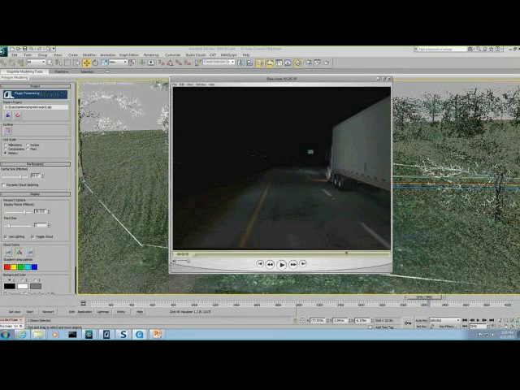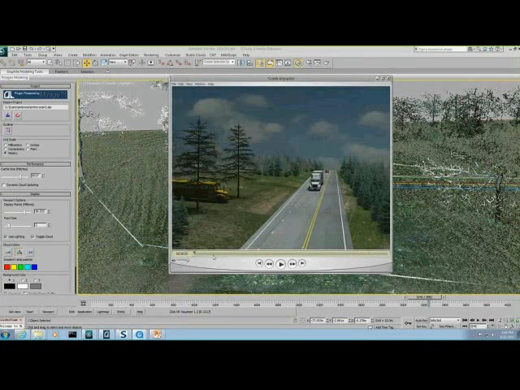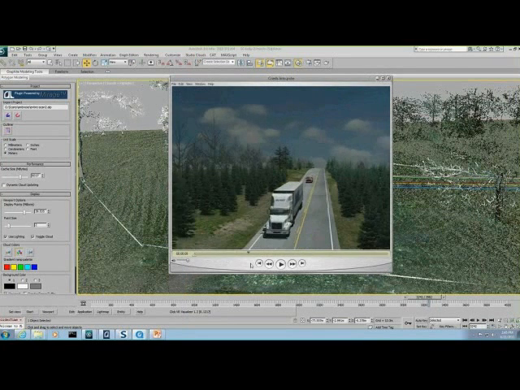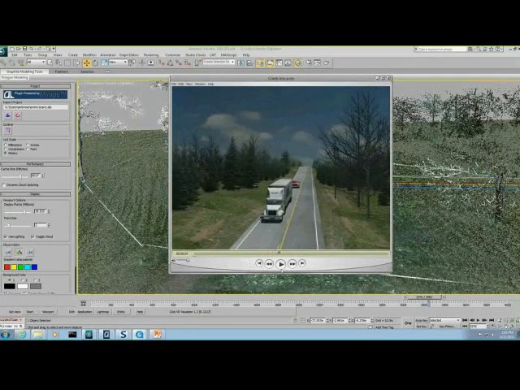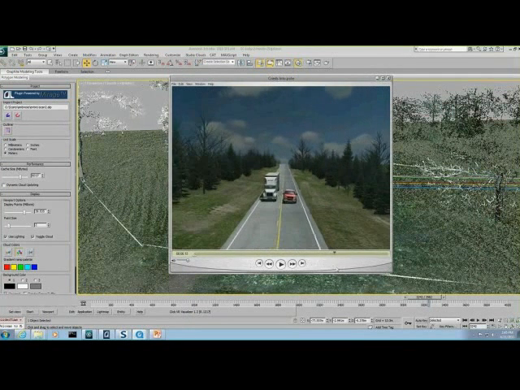This particular case, there was a rear-ending of a logging truck, and it was pretty horrific. And this case was again built without scan data. It was done strictly with a conventional site survey.